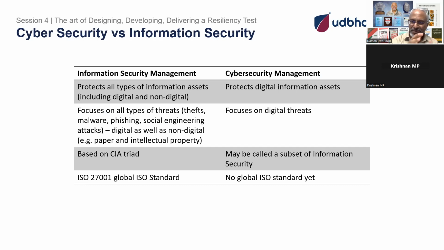The information security principle is the CIA triad: confidentiality, integrity, and availability of information. Cybersecurity may be called a subset of information security, with no offense to cybersecurity experts in the world. There is an ISO standard for information security, ISO 27001, but currently there is no ISO standard for cybersecurity.